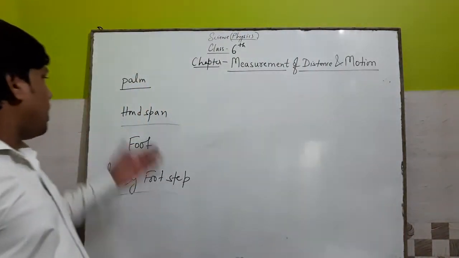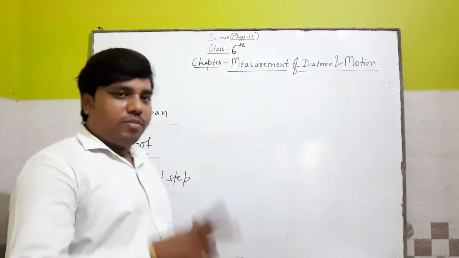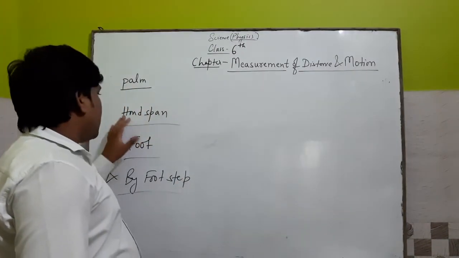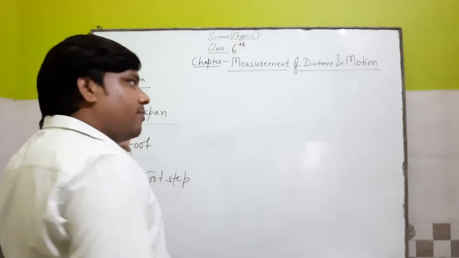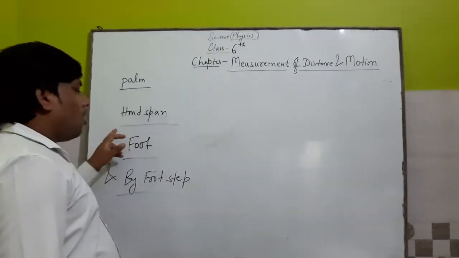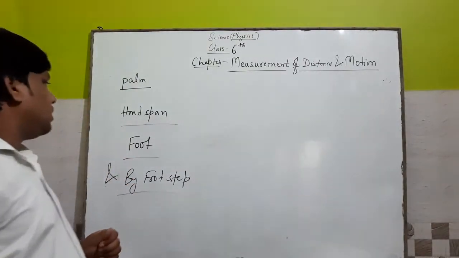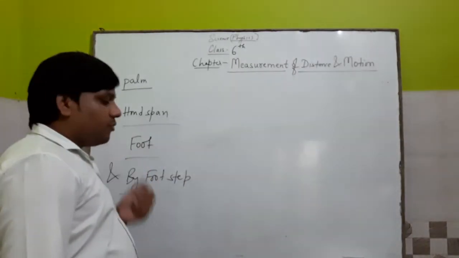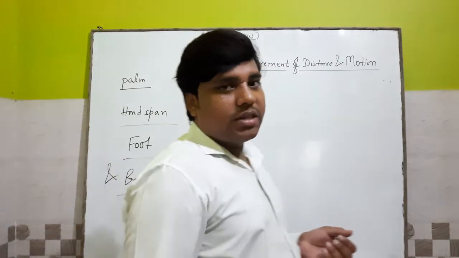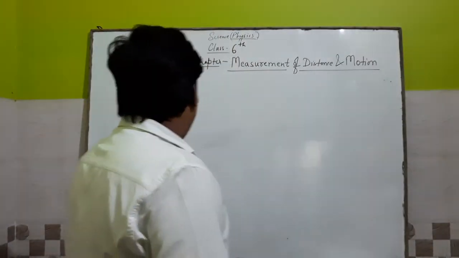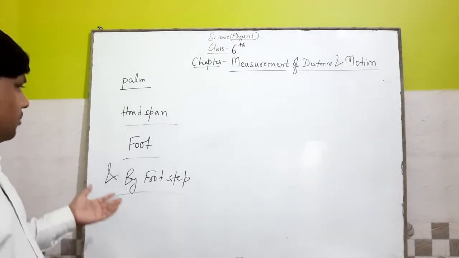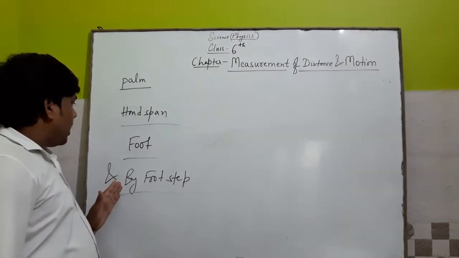By the help of palm we have to measure like this. With the help of hand span we measured the distance or dimension of any object, that is length, breadth or height. And this is a foot. By the help of foot we have to measure the distance. And by the foot step we measure the distance. Okay. These are the ancient units.